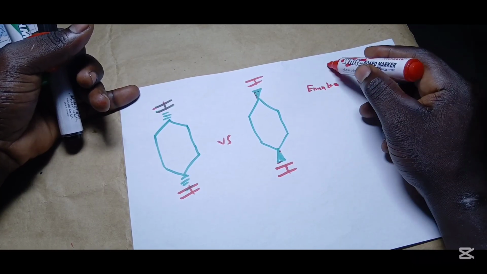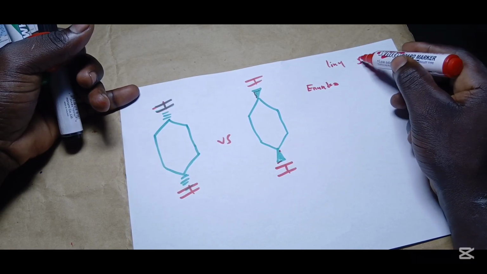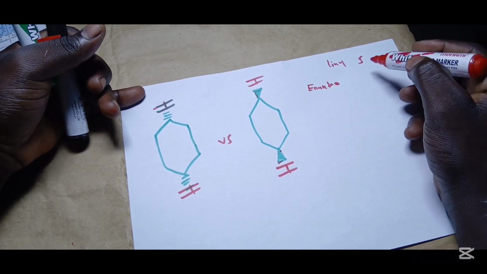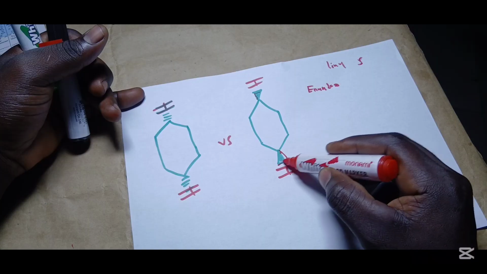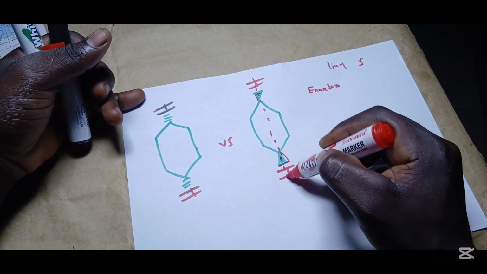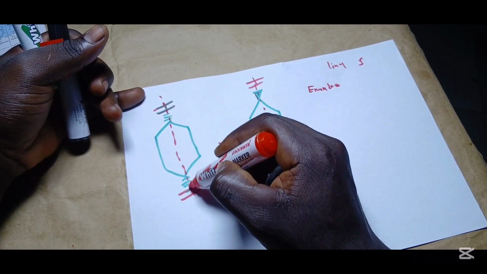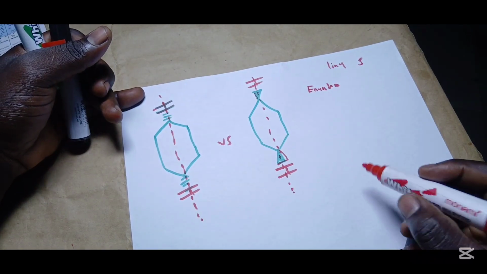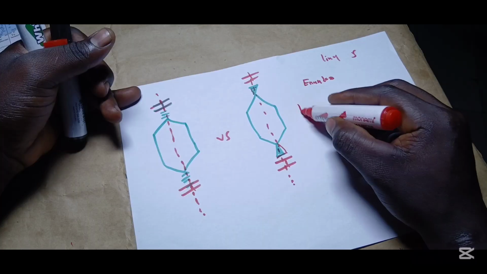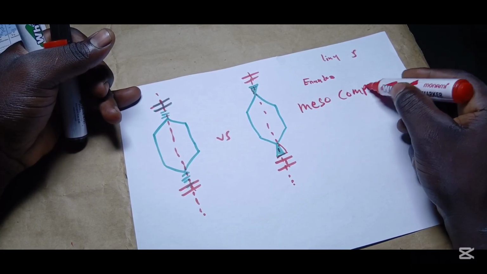But don't forget a line of symmetry or any symmetry that will divide the molecule into two equal parts. So looking at this, is there a line of symmetry? Yes, because we can divide this molecule into two equal halves. And the same can happen to this. So once there is a line of symmetry, these two molecules are meso compounds.